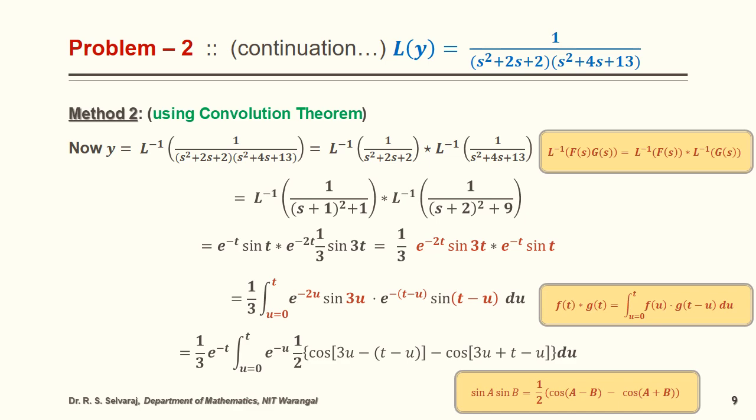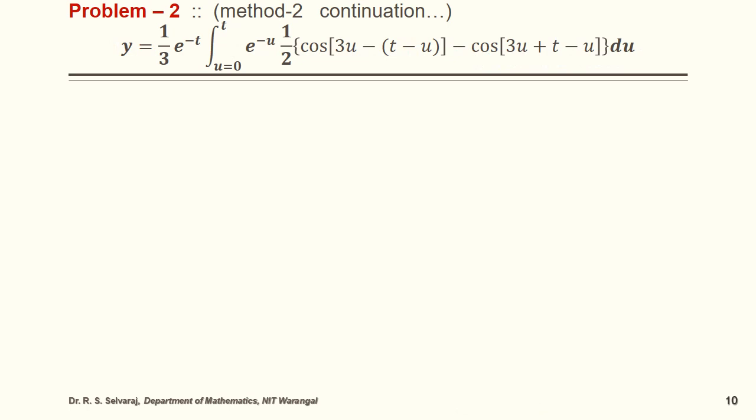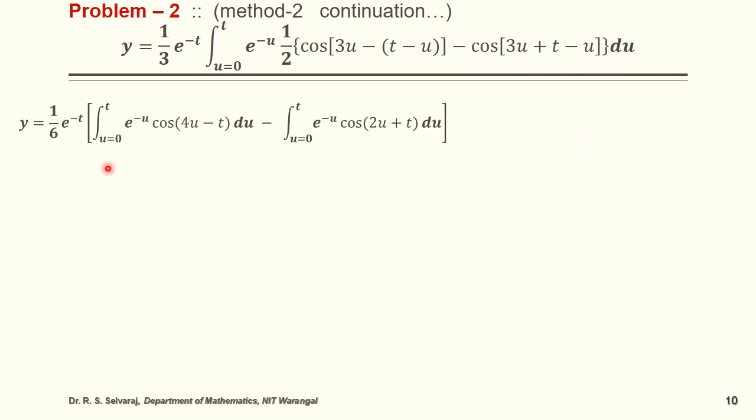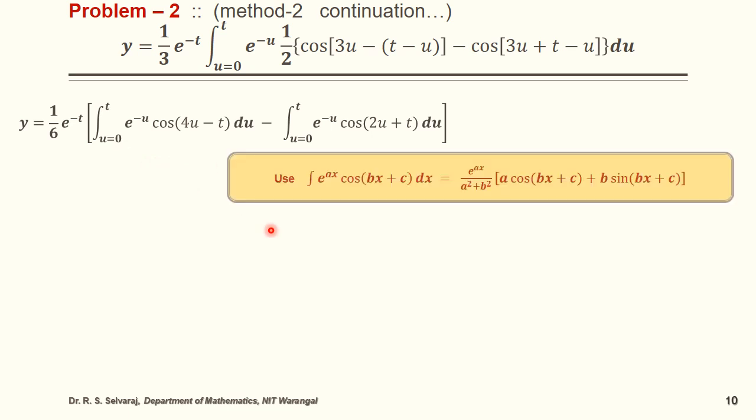Let us now proceed. Recall, this is the expression which you got in the previous slide, and it can be simplified, and we will get this. Now you can apply this formula: the integral of e to the power ax cos of bx plus c dx is given by this expression. Otherwise you need to apply integration by parts 2 times.